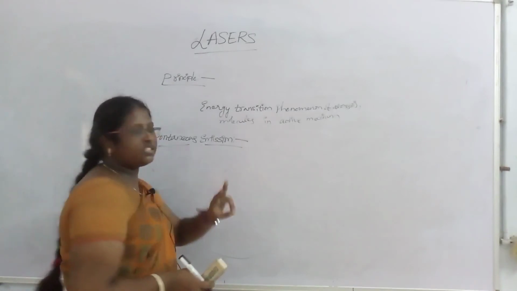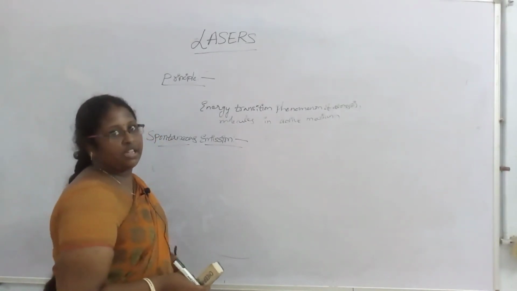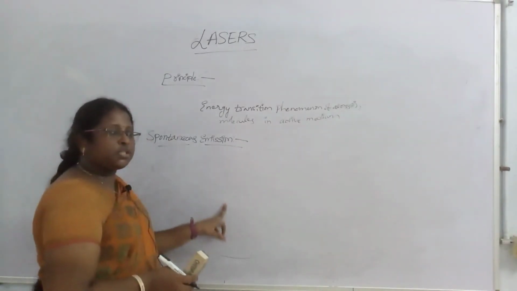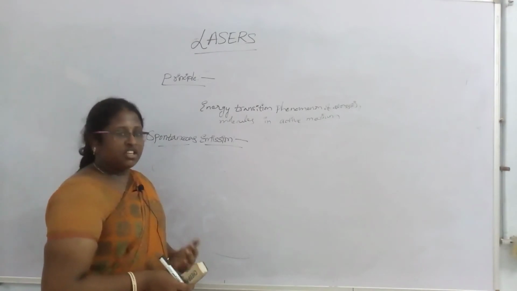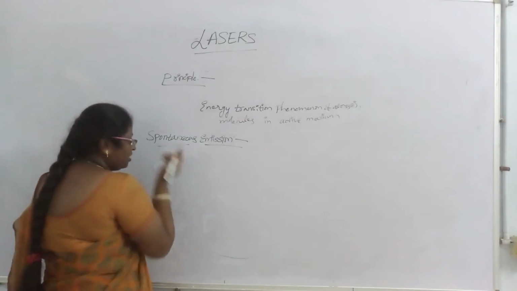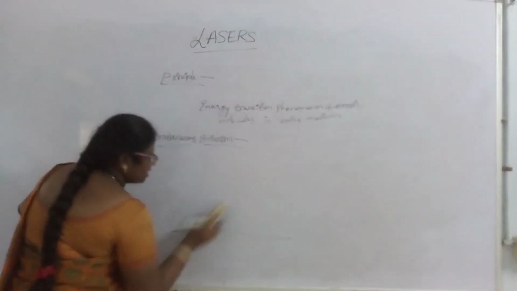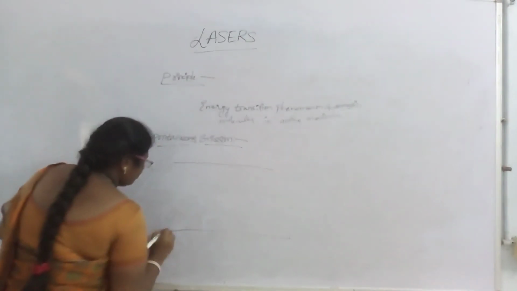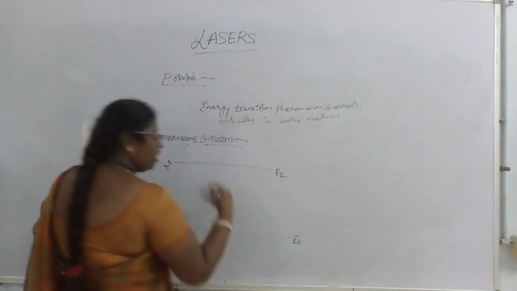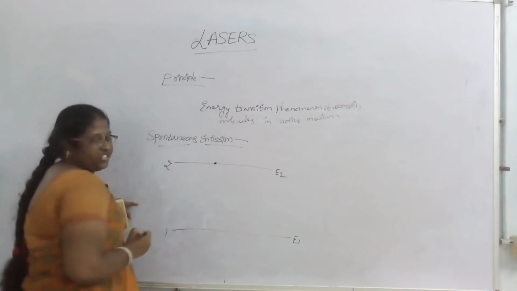In the emission process there are two types. One is spontaneous emission and the other is stimulated emission. Now we discuss spontaneous emission. What is spontaneous emission? Spontaneity means to happen in a short time. Let us here also consider two energy levels, 1 and 2. This is E1 and this is E2. Already the atom is in the excited state.